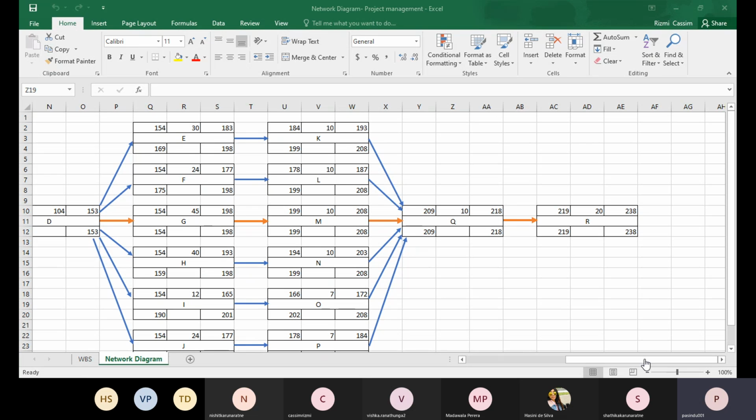So guys, what is the difference that you see in the two methods, two network diagrams? Tarini, what is the difference that you see?